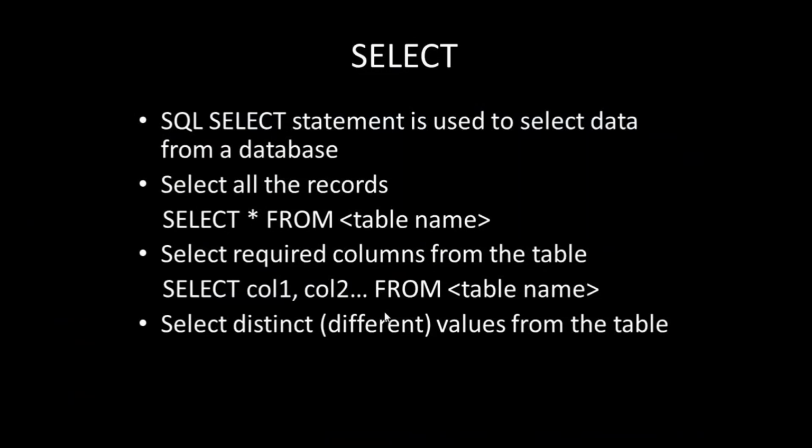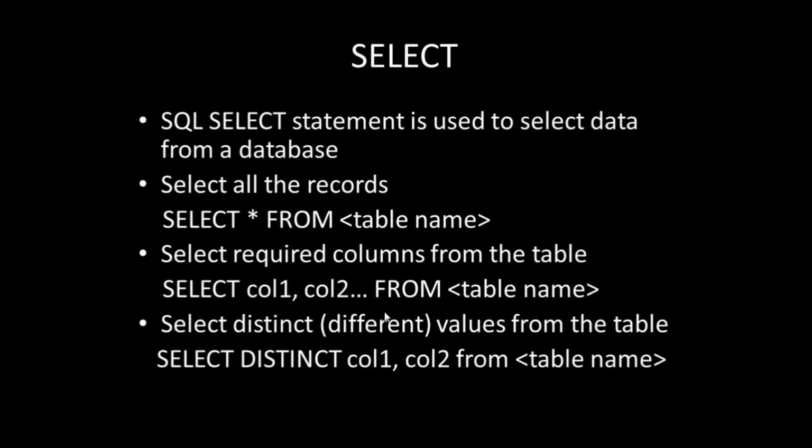This is a very useful command to eliminate duplicate values. How do you do it? Select distinct, then column 1, comma, column 2, whatever columns you want, from the table name.